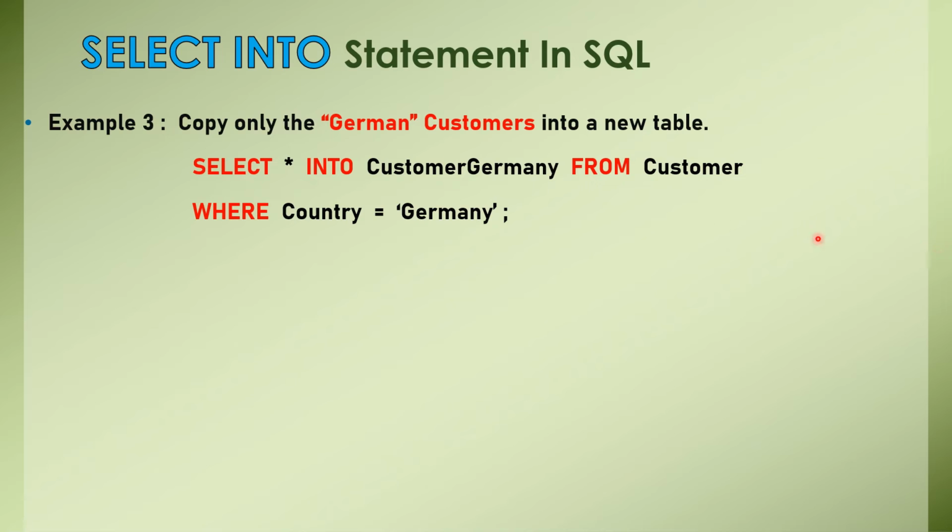The query is very simple: select star into the customer Germany table, that's a new table for you, from customer table, where the country for that customer is Germany. You just need to add this where condition, and if you add it, then you will be fulfilling your requirement. I hope you got this, very easy.